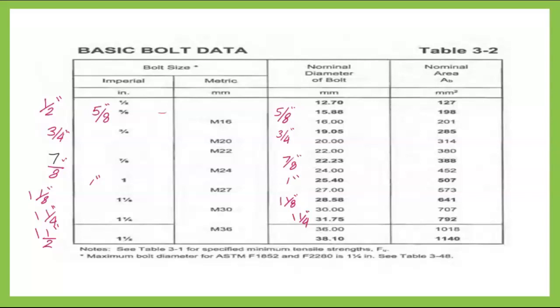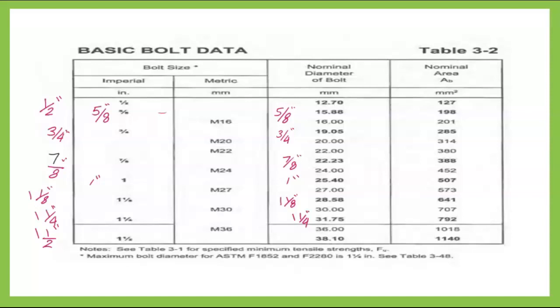After the 5/8 inch bolts comes the M16, which has a diameter of 16 mm. The next bolt is 3/4 inch, which has a diameter of 19.05 millimeter and an area of 285 mm square. M20 has a diameter of 20 millimeter and an area of 314 mm square.